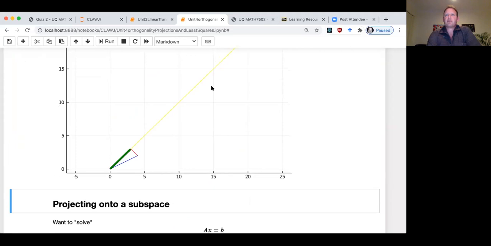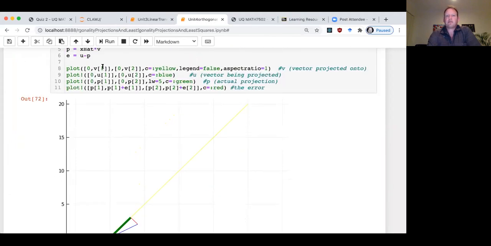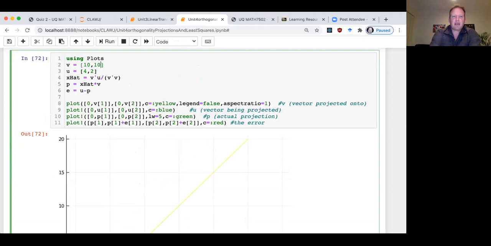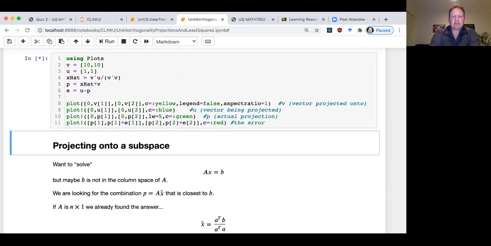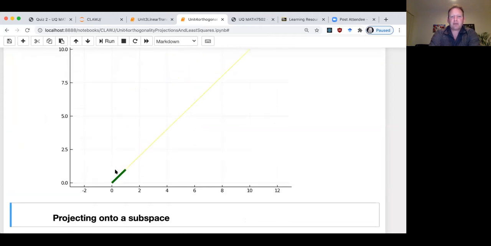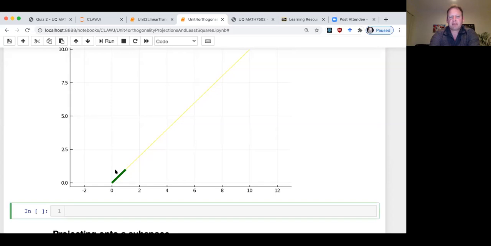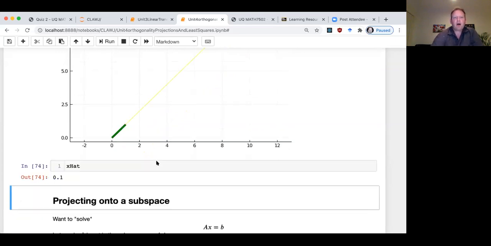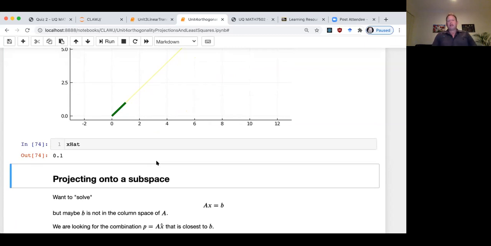So I think if this is 10, and if this is 1 and 1, then x hat, so now you see u is already on the subspace spanned by the vector v, but x hat is 0 point like this. Okay. All right. So that is how you project a vector onto a line.